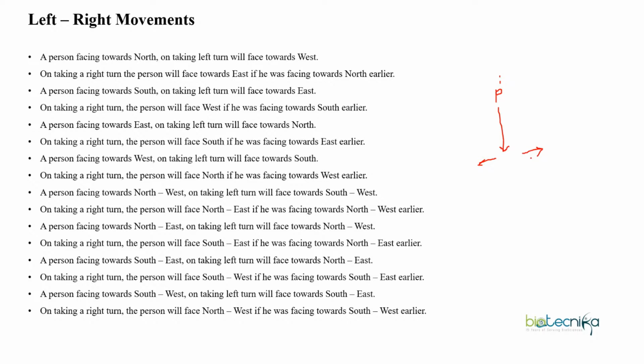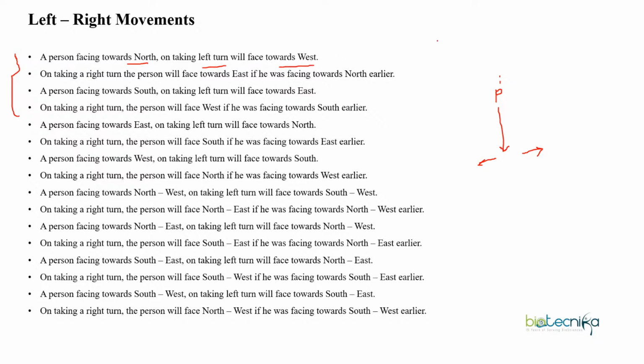How will you say? Okay, so for determining it, you have to just remember these points. Now these points are just the expanded version which you have to remember. So a person facing towards north on taking a left turn will face towards west.